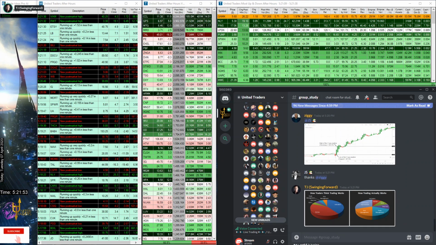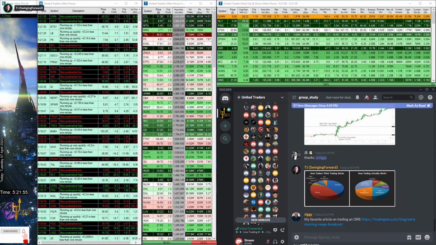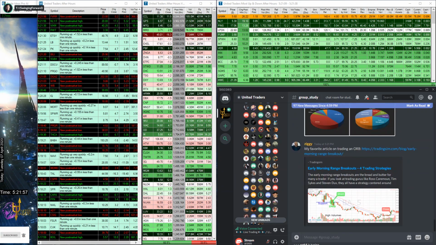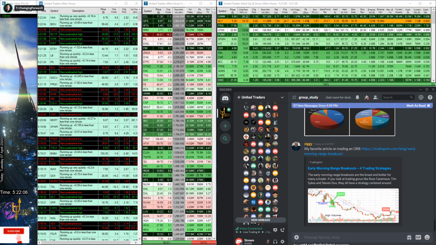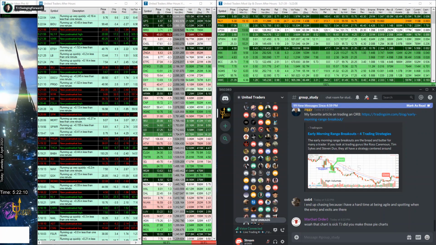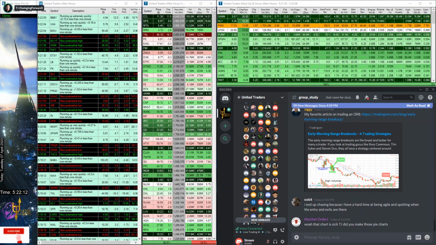You're going to analyze the market's sentiment. You're going to analyze the news that came out overnight. You're going to look at the other markets to gauge how the European markets did, how the Asian markets did. You're also going to be looking at which news is affecting the stock that you're planning to trade. What are the levels that you want to trade between?